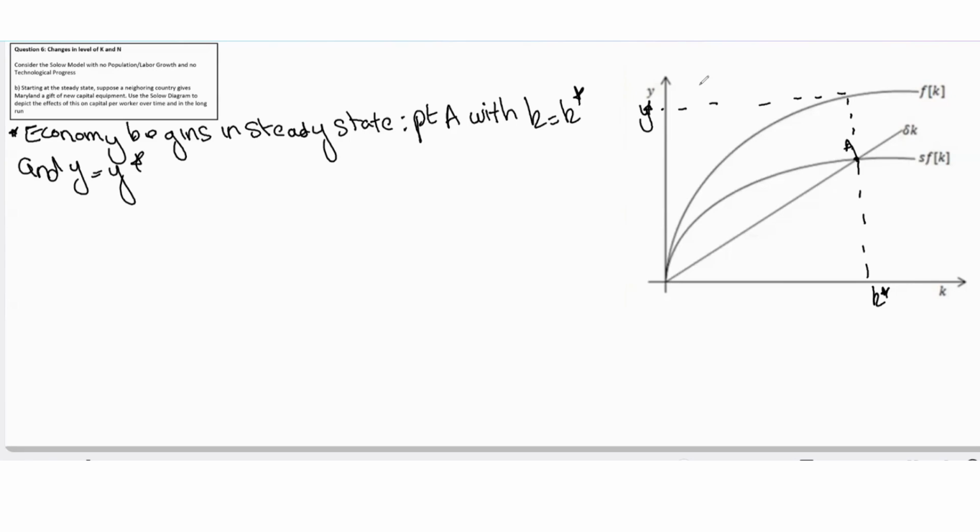Now what happens is, we're given a gift of capital.